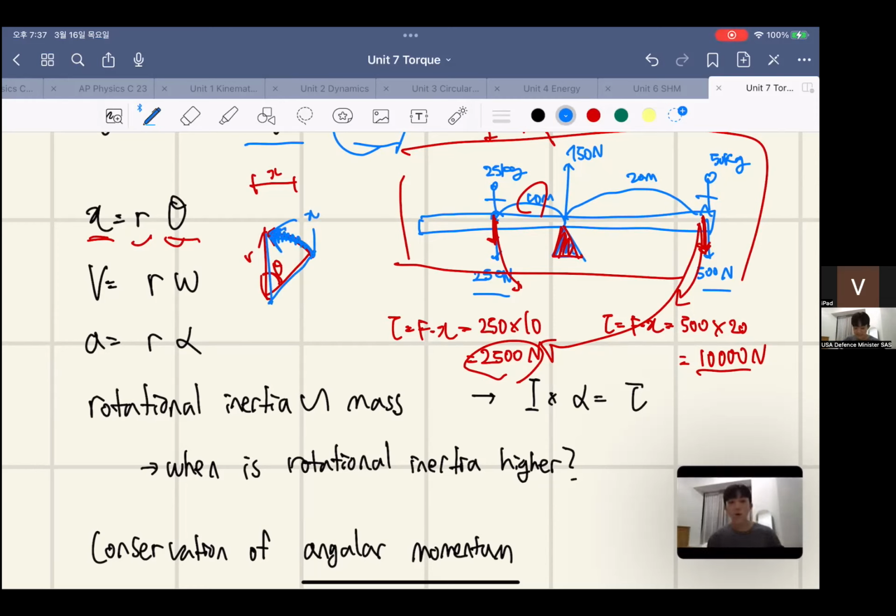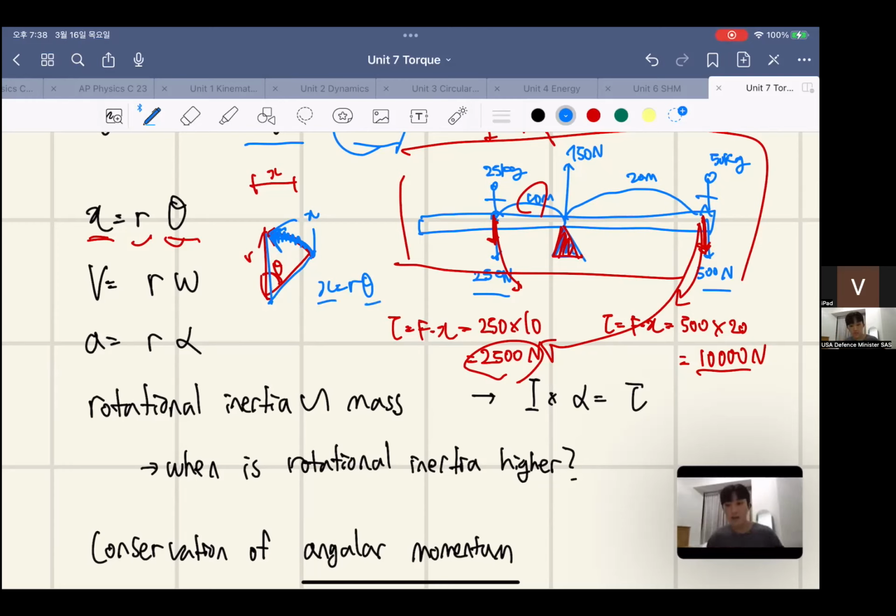Now, what we're saying is that x is equal to r theta. This is because, think of it this way, if theta is greater, it means the object rotated more, meaning that, of course, the linear distance that the object moved would also be greater because you simply moved more angle. That's why x is proportional to theta.